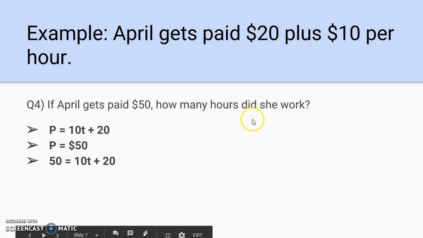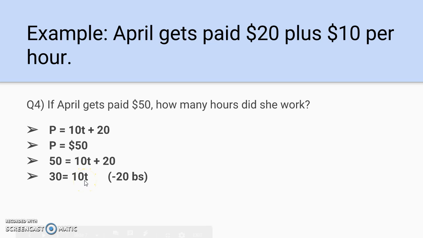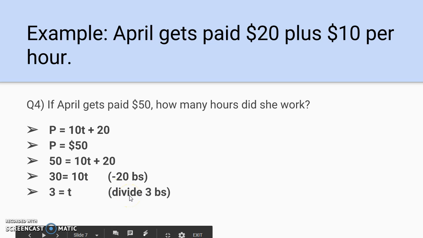And we're trying to find out how many hours she worked, so we're trying to find T. I'm going to subtract 20 from both sides so I get 10T by itself. So 30 equals 10T. Then I want to get T by itself because T is being multiplied by 10. The opposite of multiplying by 10 is dividing by 10. And I get T equals 3. So she worked for only 3 hours.